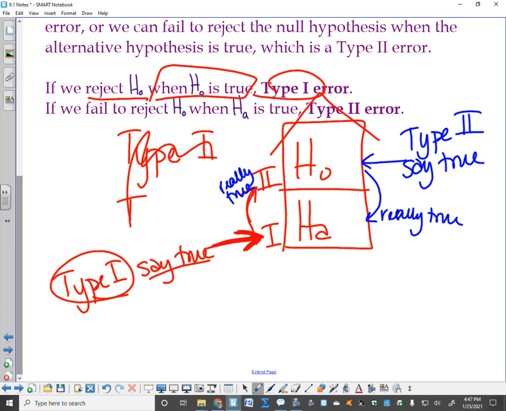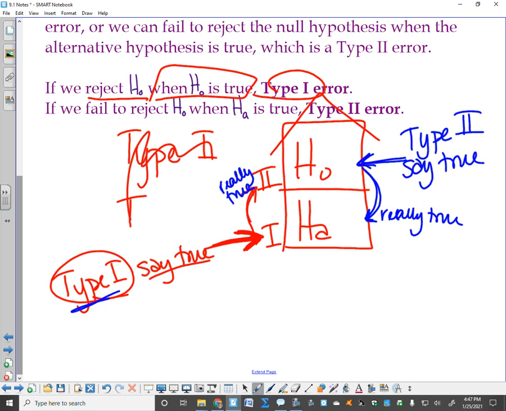Well, the second floor is going to be your H sub O. You say that she's innocent when really she was guilty. You say, okay, the batteries only last 30 hours. Okay, but actually they lasted longer. You made a mistake and now you lost out on all this money. You say that the MPGs are that it gets 47 miles per gallon, when actually it gets less than that. So now you've ticked a customer off.